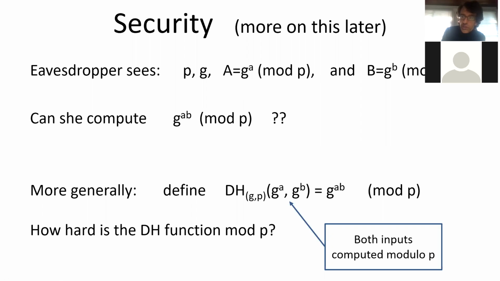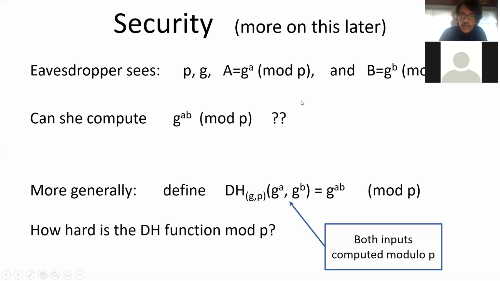We don't know general algorithms. We know algorithms for some subsets of primes with some very special properties, but we don't know this problem in general. And it's easy to generate primes that avoid these properties and for which there are no known discrete logarithm attacks. So that's the basis for the Diffie-Hellman assumption.